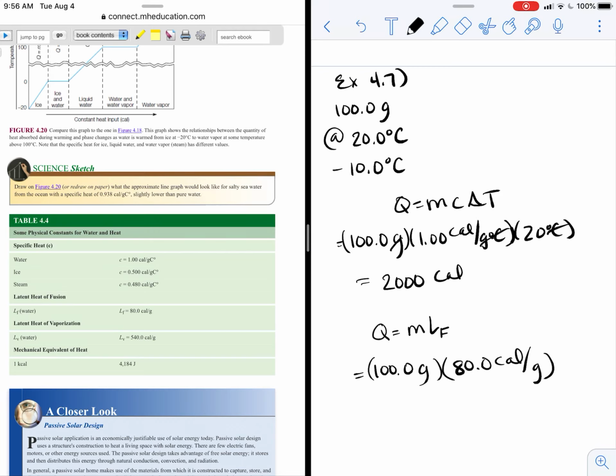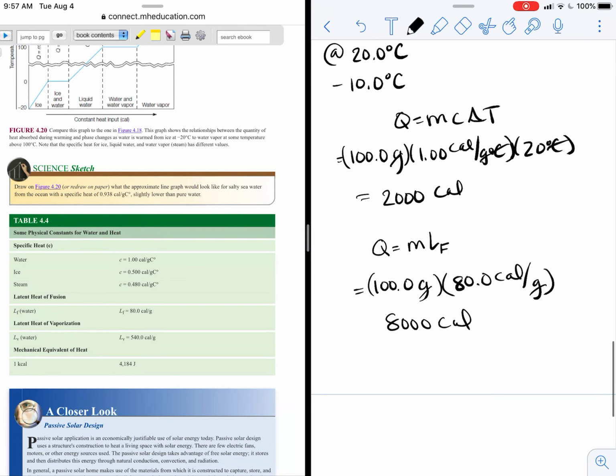So if you take 100 times 80, you get 8,000 calories. Okay, now are you done? No, because you just went to 0 degrees. But now you're finally into the ice situation because this was your phase change. So it took this much energy to go from the liquid to the solid phase.